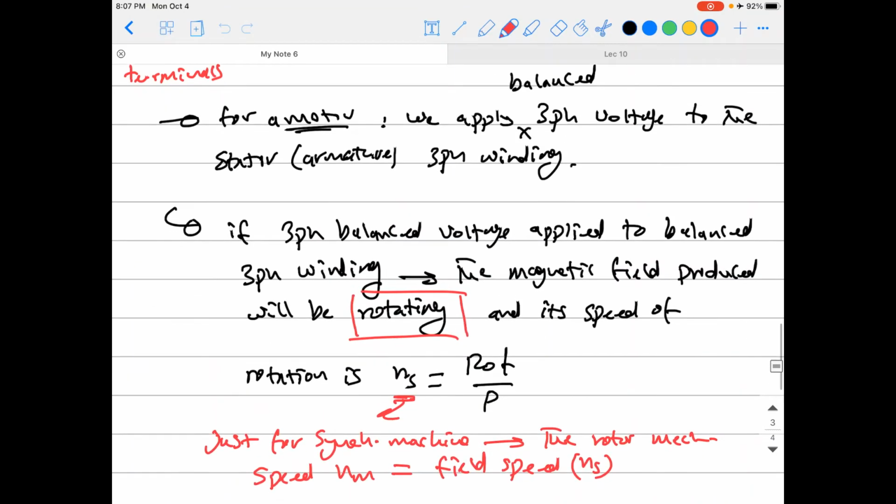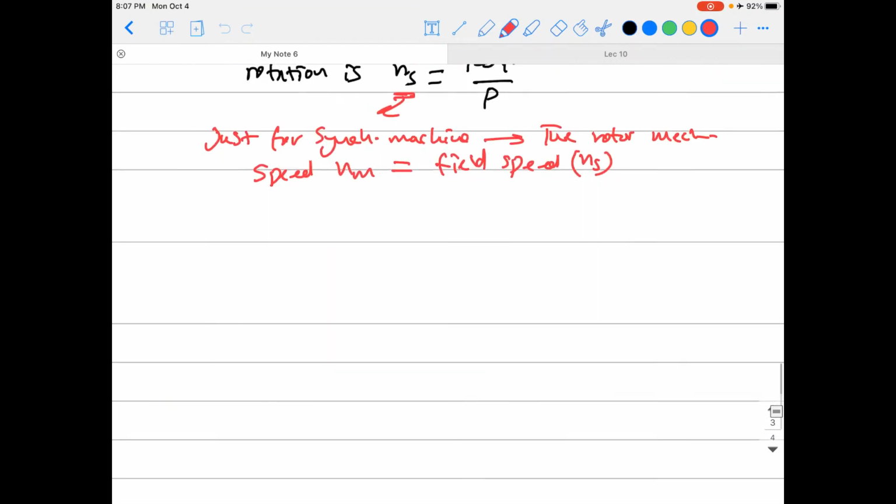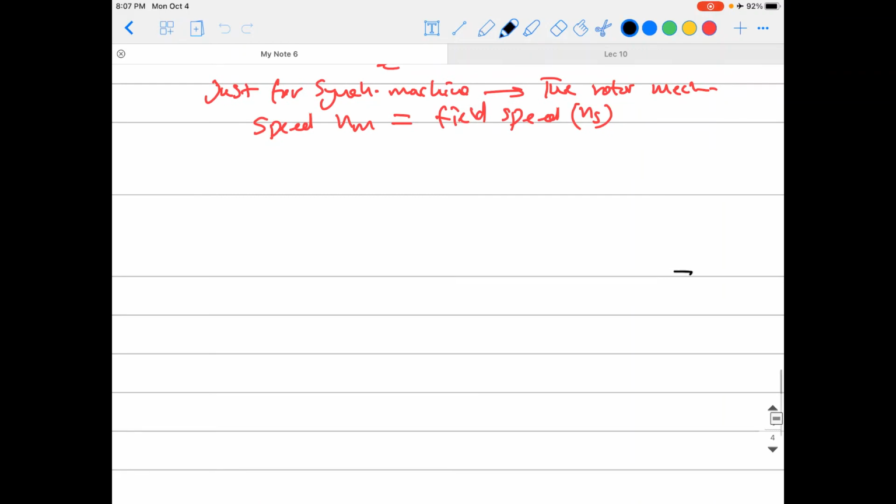So simple as that. We said before, if you have a simple coil like this and you apply a DC voltage like this to it, a current will be passing in it, and a current moving inside a coil will generate a magnetic field. Okay, and this magnetic field will have a certain north pole and a certain south pole, and it will just be there.